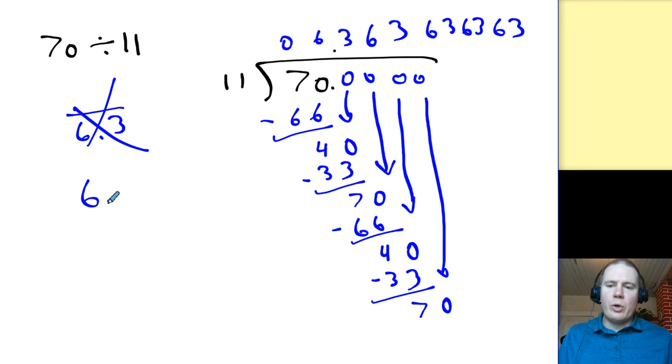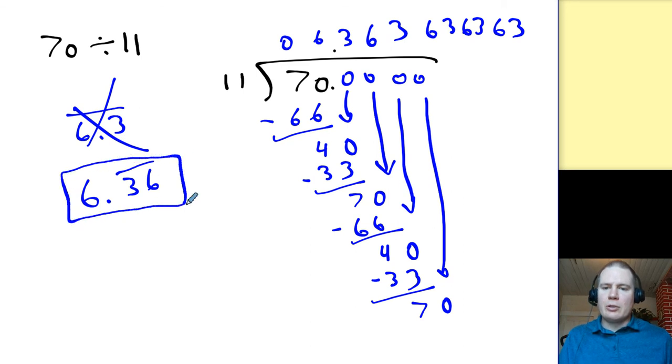Whether it's a 1-digit whole number or a 5-digit whole number, it's a whole number. And then once we get to the decimal, I have to see what comes after the decimal point. 3, and then a 6, and then a 3, and then a 6. So that is my answer. That's how we deal with repeating decimals.